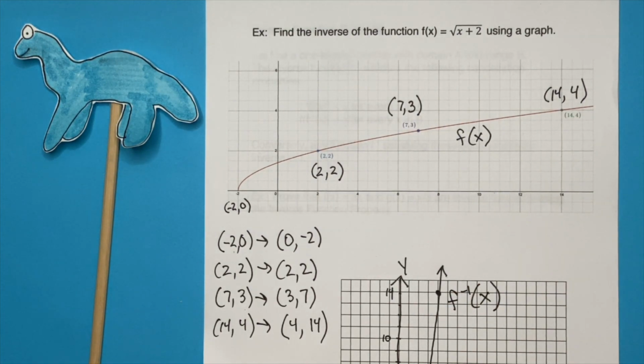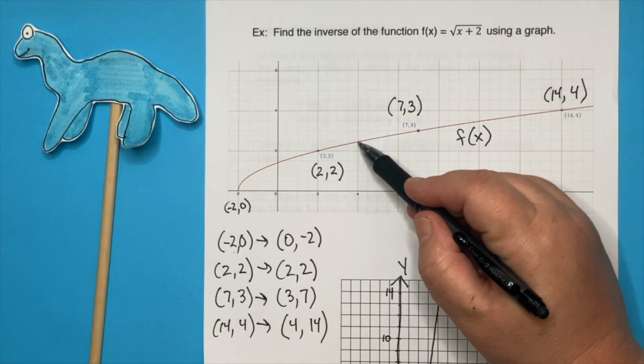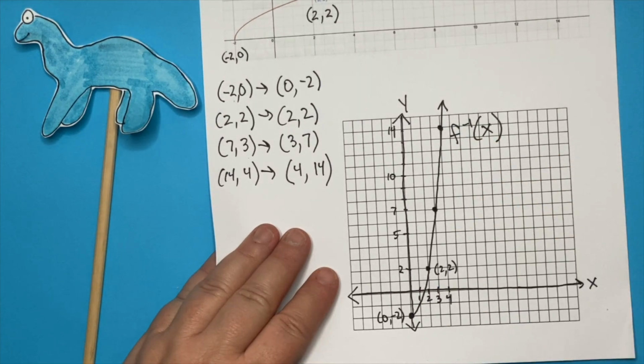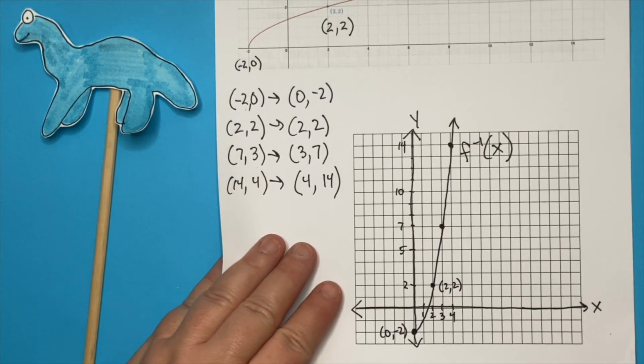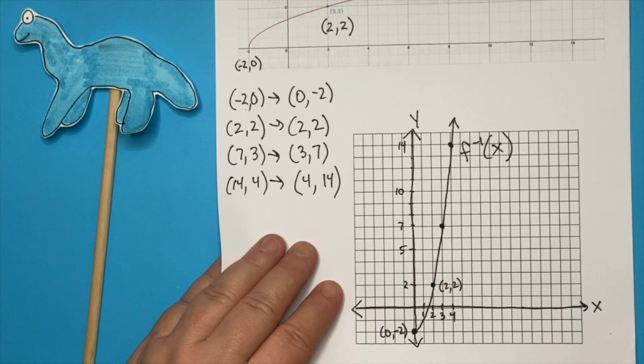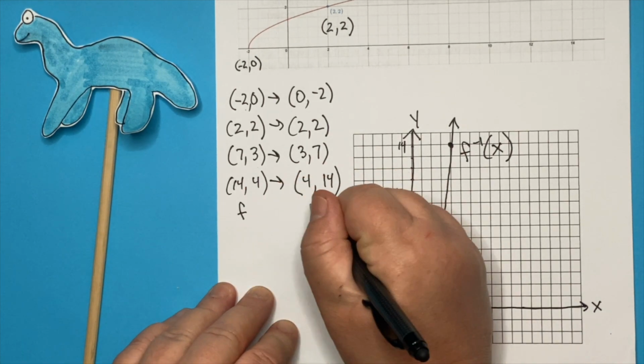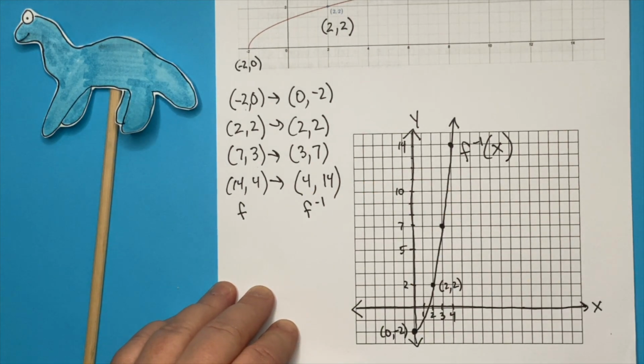This would be an irrational number, but you can estimate it and then do some estimating on the graph as well. You don't have to stick to integers. They're just easier, so I thought I would stick to them. So again, this is f. This is f inverse. You guys are awesome.